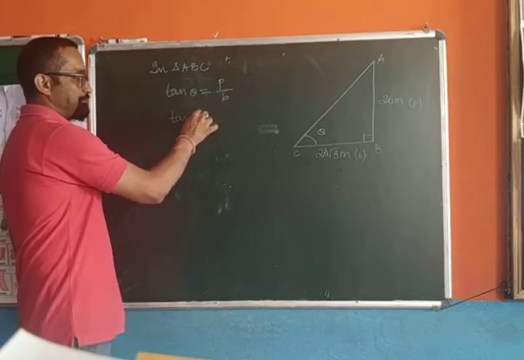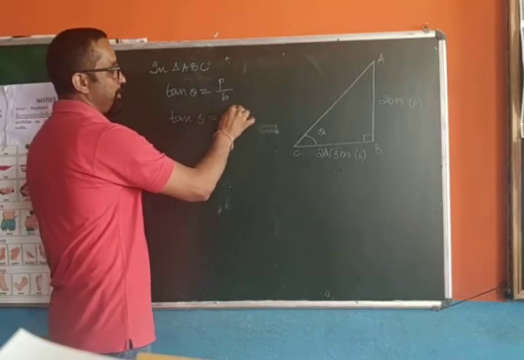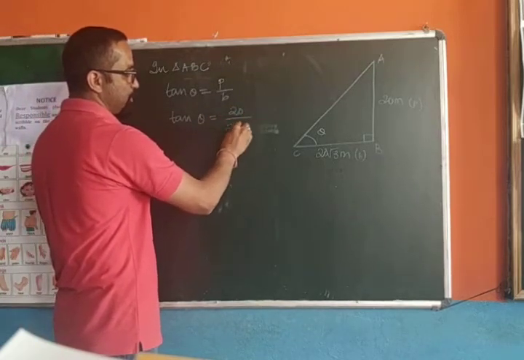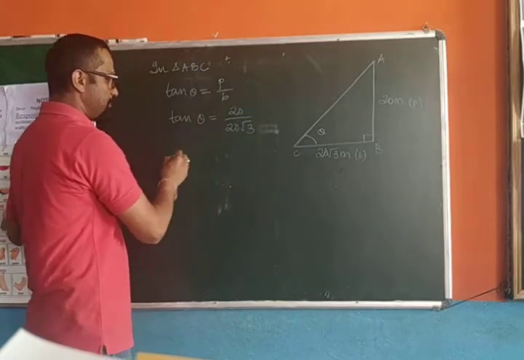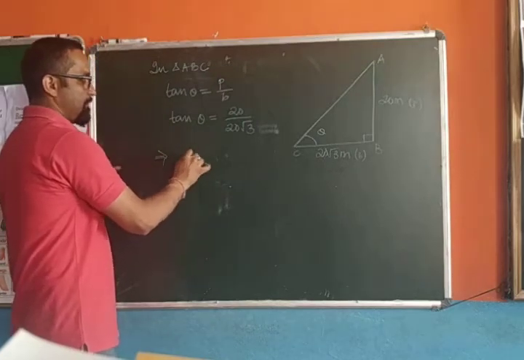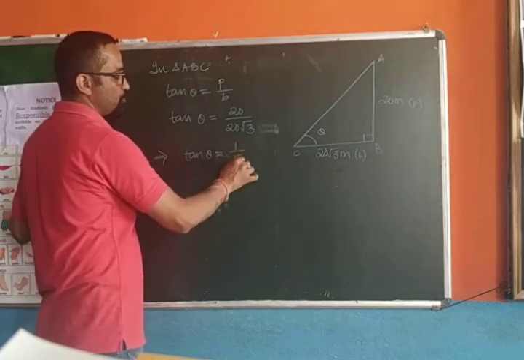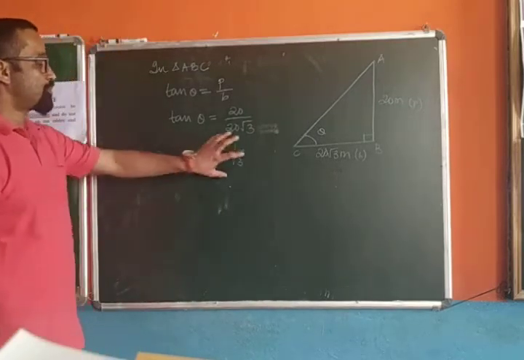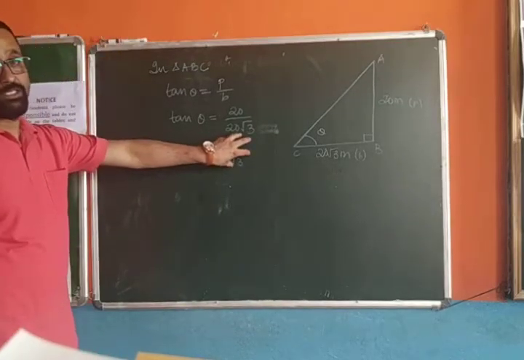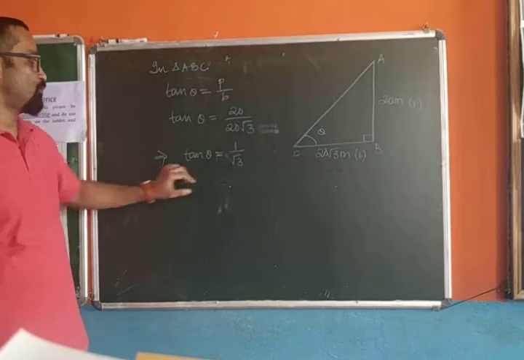Tan theta, perpendicular is 20 divided by 20√3. Simplify the right hand side. Tan theta is equal to 1 divided by √3. Which trigonometrical angle has tan equal to 1 upon √3?